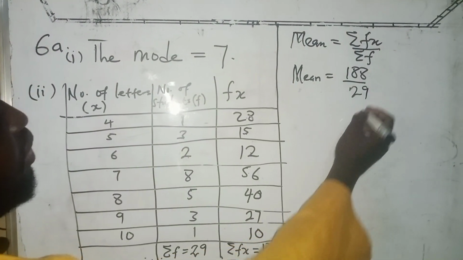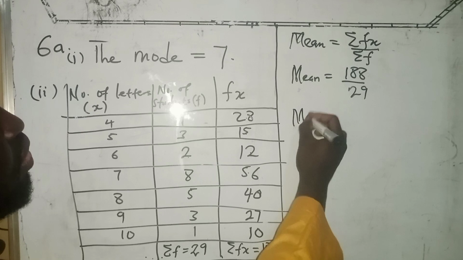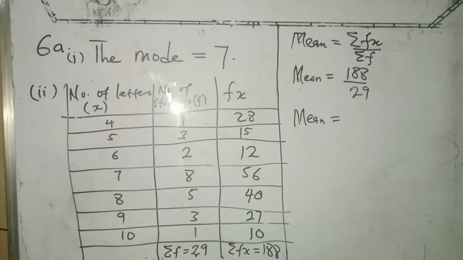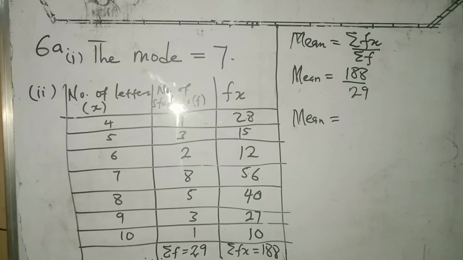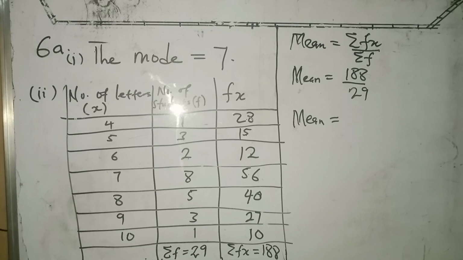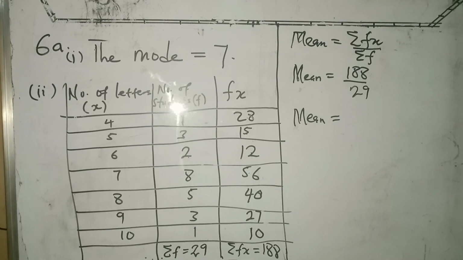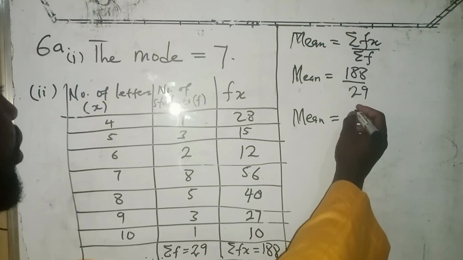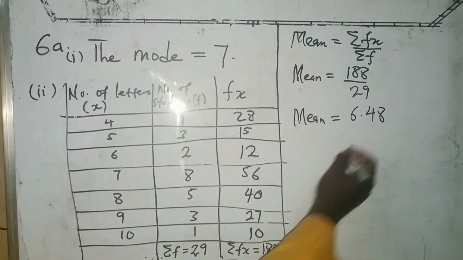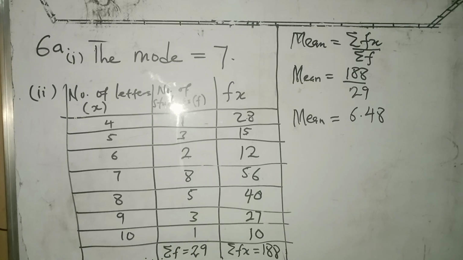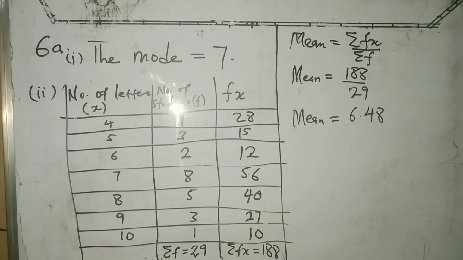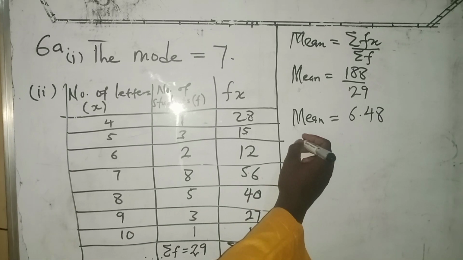So our mean will be equal to 188 over 29, which will give us 6.48. So 6.48 would be the mean of the distribution. All right.